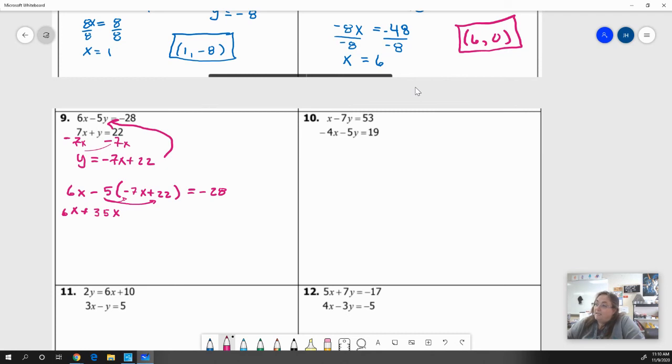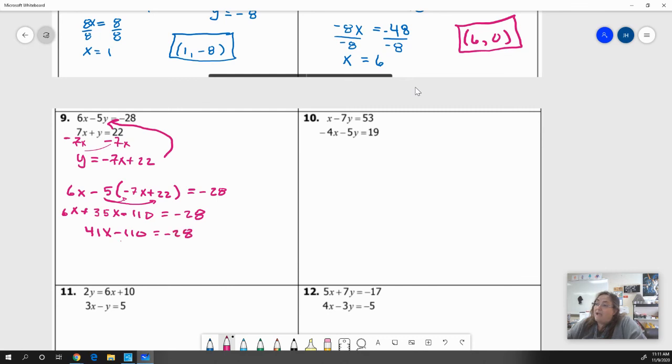But it's going to be negative 110 equals negative 28. And now we've done all our distribution. We can just start putting things together and solving for this x. So I have 6x plus 35x. Well, that's just 41x minus 110 equals negative 28.